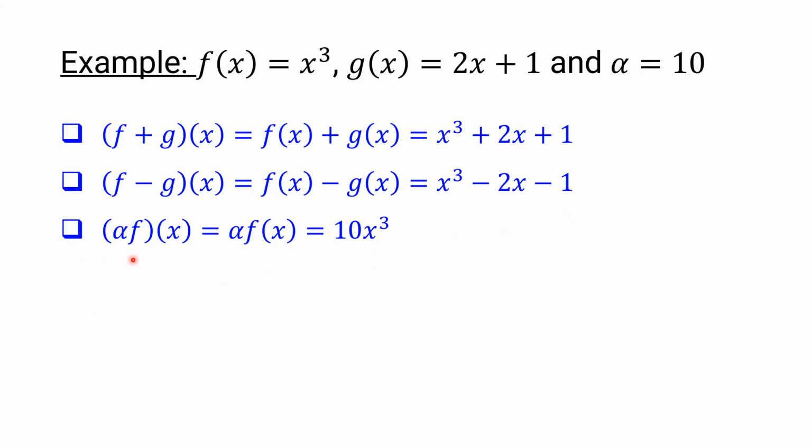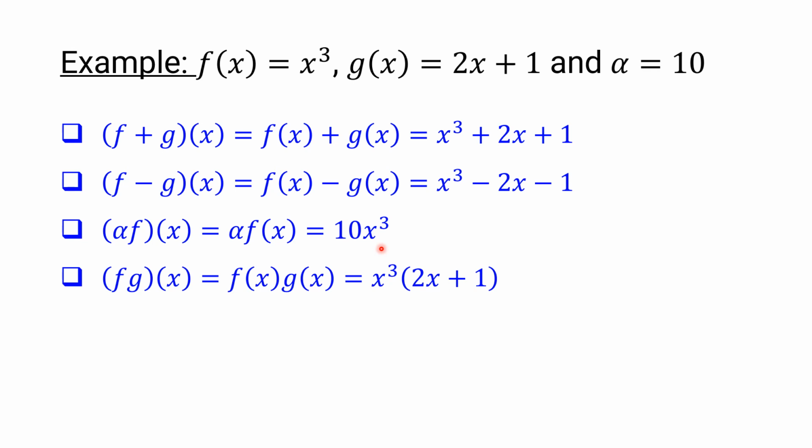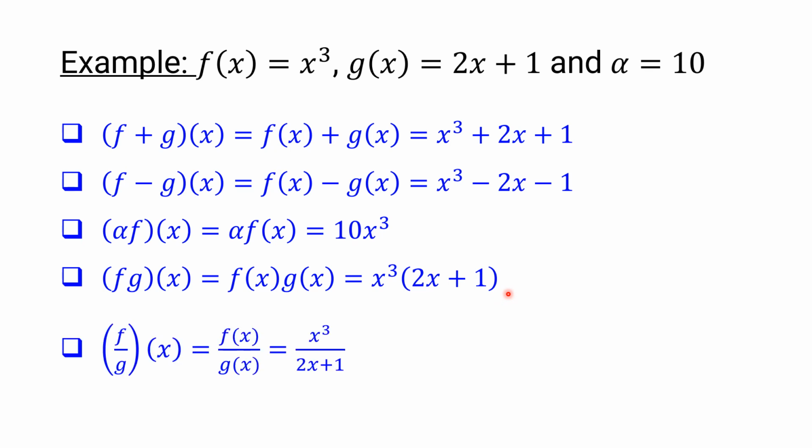Scalar multiplication of f gives (alpha f)(x) equals 10x cube, and function multiplication gives (fg)(x) equals f(x) times g(x) equals x cube times (2x plus 1). Performing the division operation, we get (f/g)(x) equal to f(x) divided by g(x) equals x cubed divided by (2x plus 1).